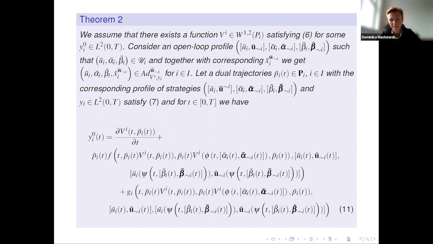This equality is similar to the 6th condition, but here, instead of points, we have the dual trajectory pi, and we also know that the supremum is achieved for our given profile of strategies.